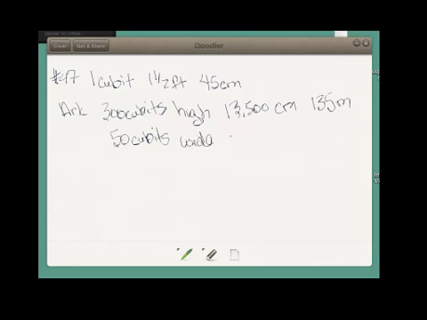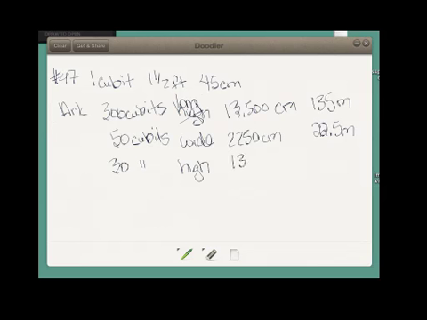So that would be 2,250 centimeters, or 22.5 meters. It's 30 cubits high.